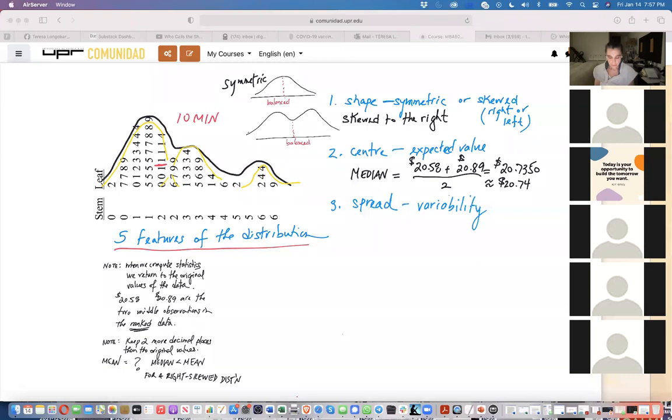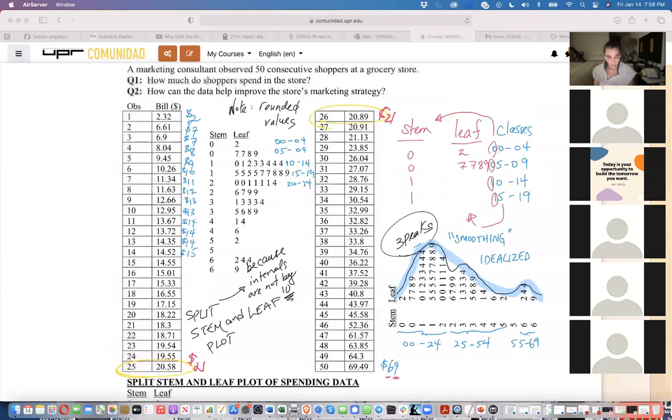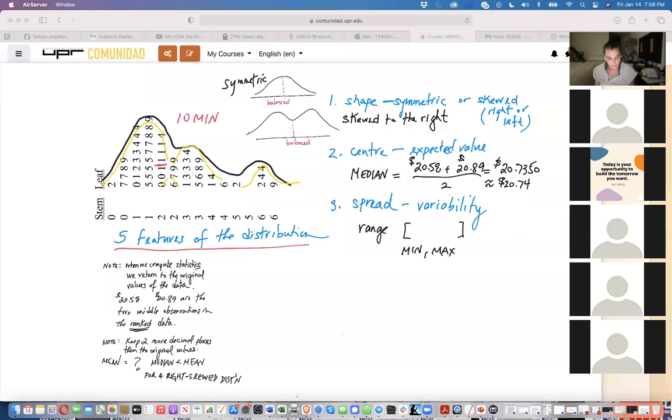In this case, you can begin by mentioning the range of values from the minimum to the maximum. What is the minimum value? Remember, you have to go back to the original data. The minimum is $2.32, so we're going to mention this here.